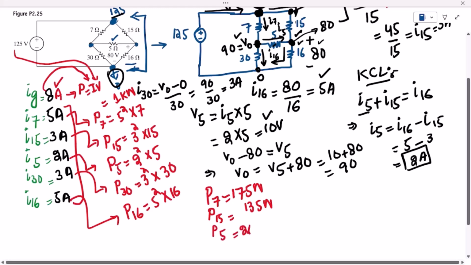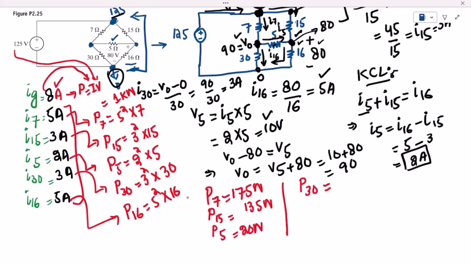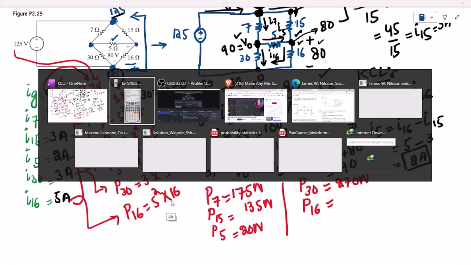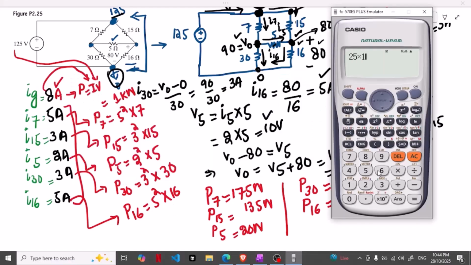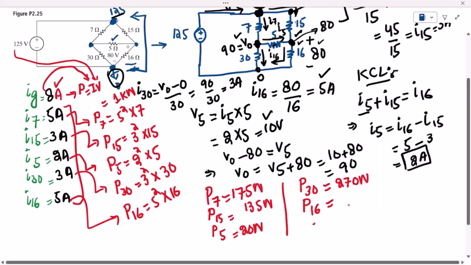P5 is 20 watts. P30 is 9 times 30, so this is 270 watts. And this one, P16, is 25 multiplied by 16, which is 400. So that is 400 watts.